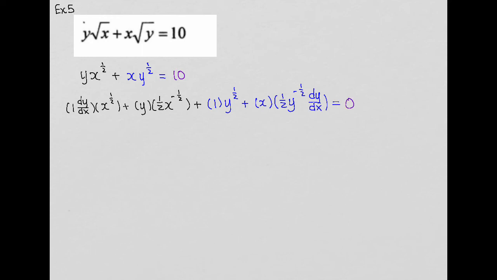Now we're going to simplify it by putting all the dy over dx at the end of each term.